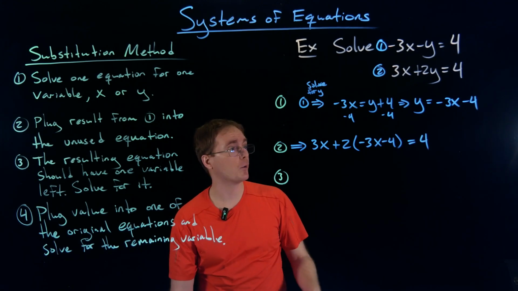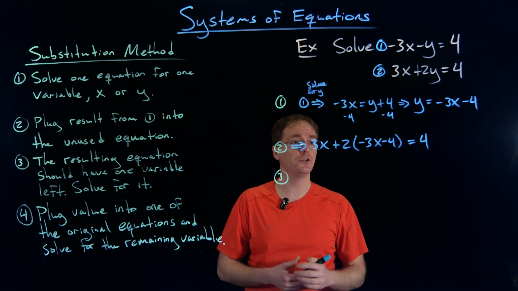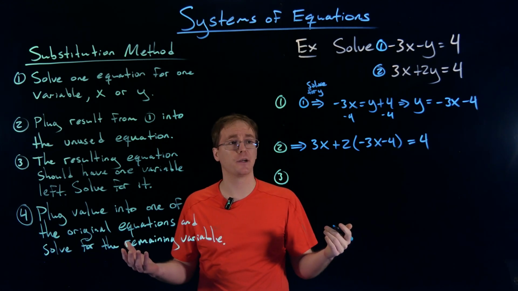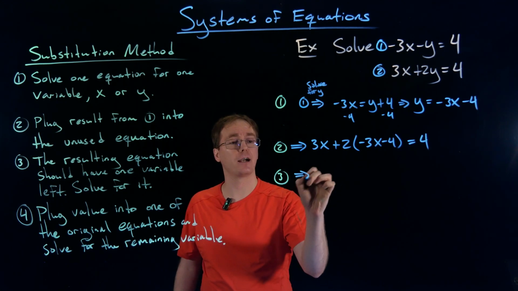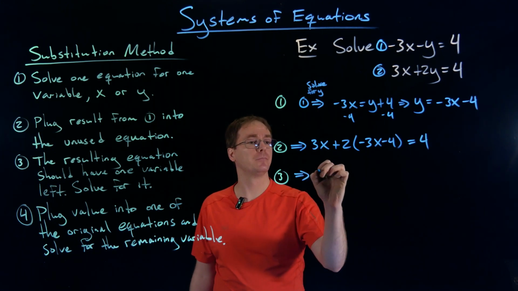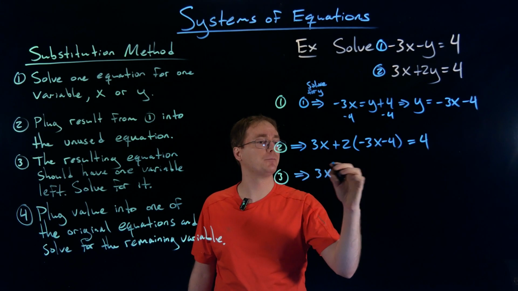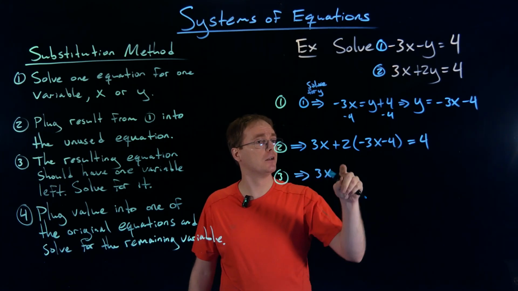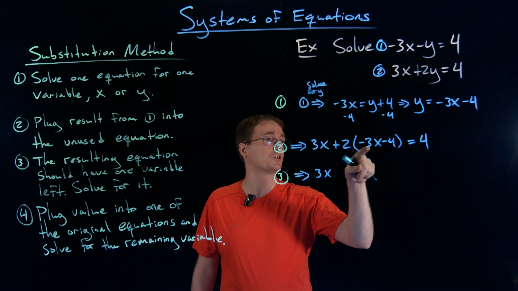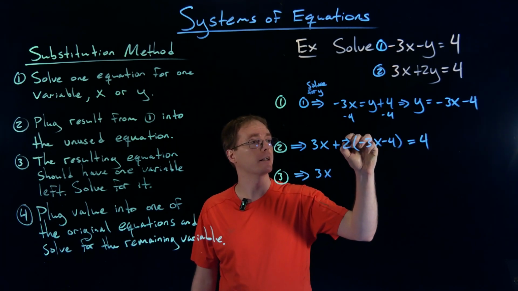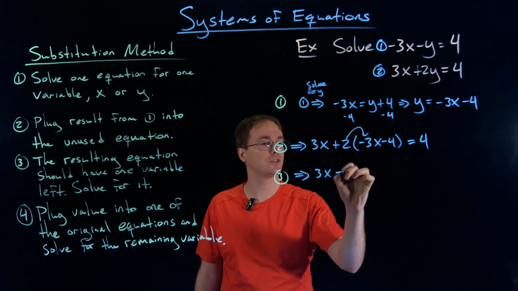If we look at the equation we just wrote down in step 2, the variable y has been eliminated, and now only x's are showing up, and that means we can solve for x and find the value of x that must satisfy our system. So how are we going to solve for x here? I think the way I would do it would be by expanding and combining like terms. If we want to expand or distribute that factor of 2 throughout our quantity in parentheses, we're going to get 2 times negative 3x.